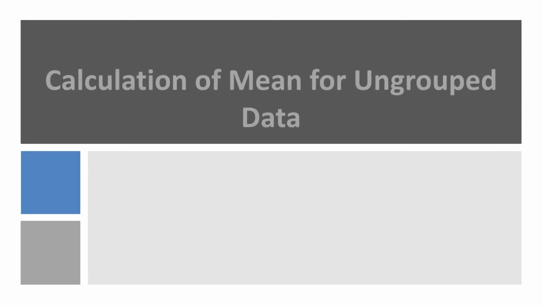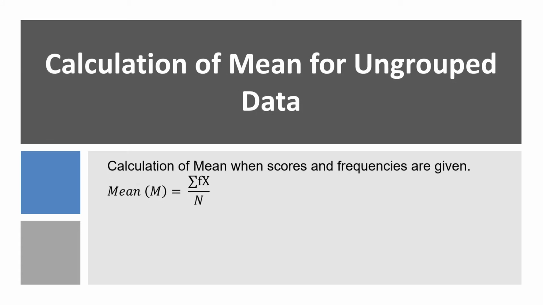Further, let us understand ungrouped data when scores and frequencies are both given. That means many students scored a single score. So, calculation of mean when scores and frequencies are given. In the earlier case only single scores were given, but here certain frequencies are given with the scores.